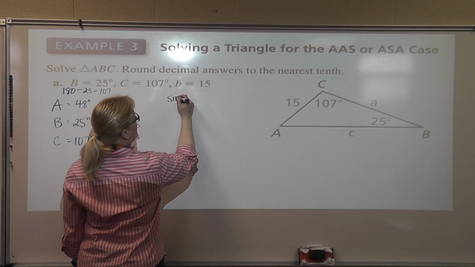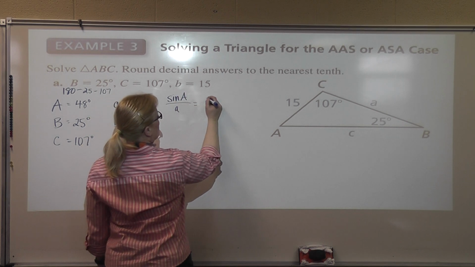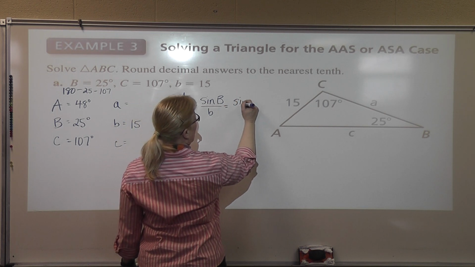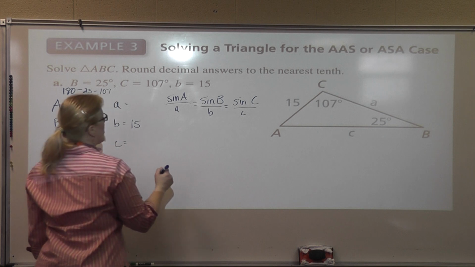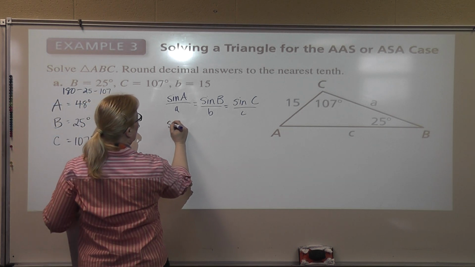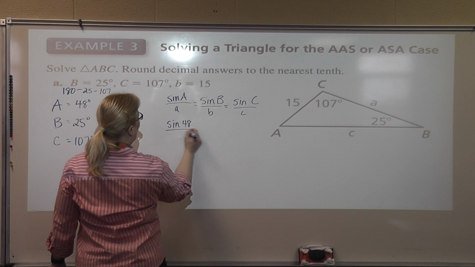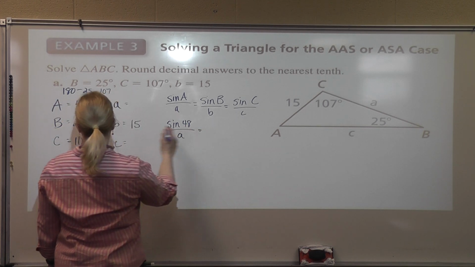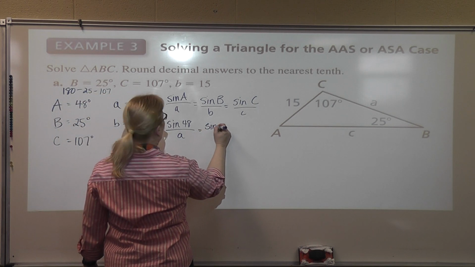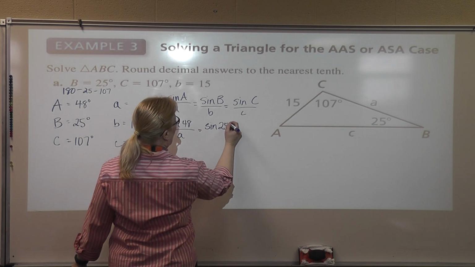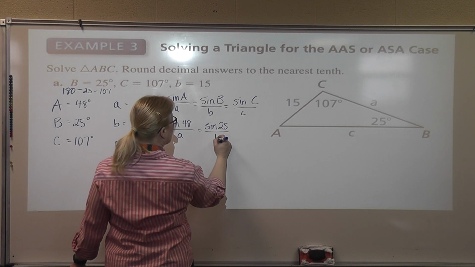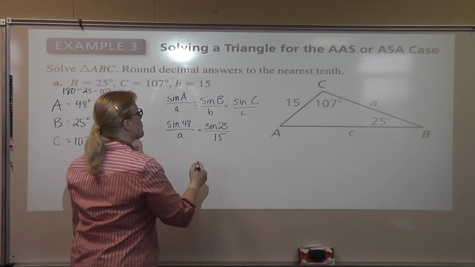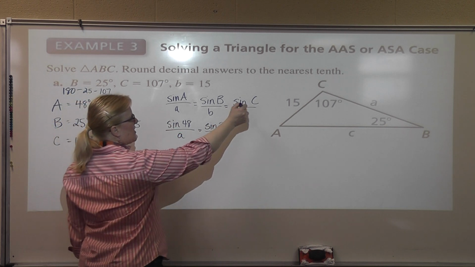I've got the sine of A over A equals the sine of B over B, and then the sine of C over C. So sine of 48 over A, I don't know A. I do know little b though: sine of the angle 25 degrees over 15. So that one, I've got all the information. If I'm finding A, we'll find C in a minute.